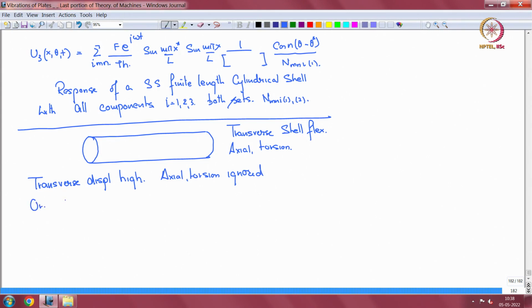If the shell is stubby, where the diameter and the length are of similar order, then the axial and torsion natural frequencies are very high.